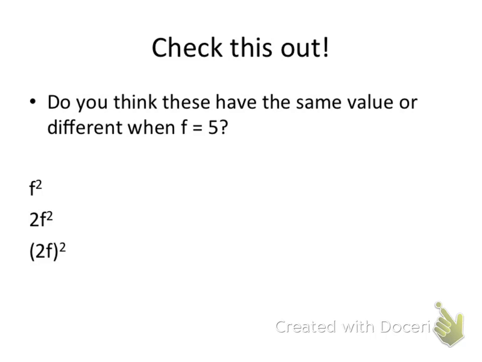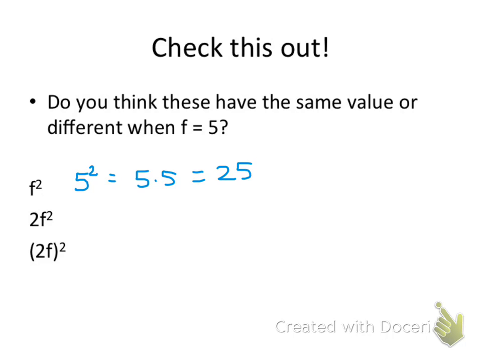All right, so let's see about this. Do you think that these will all have the same value or different values when f is equal to 5? Okay, when we look at the first one, we'll substitute in the 5. So we have 5 times 5, which equals 25.